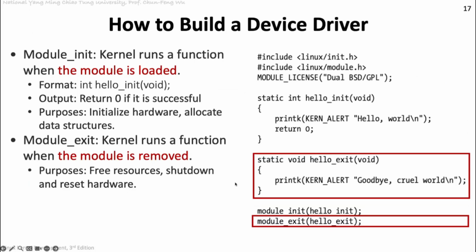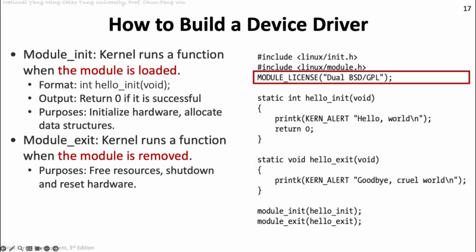Usually people free the resources, shut down, and reset the hardware. So you allocate the resources used by this device driver in the initialize part, and then release them in the exit part. Mainly, device drivers are composed of these two functions, initialize and exit.